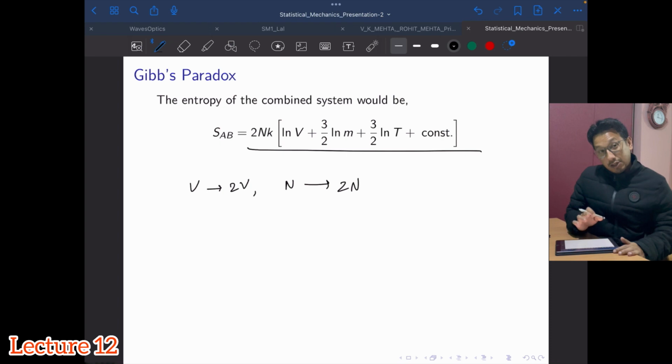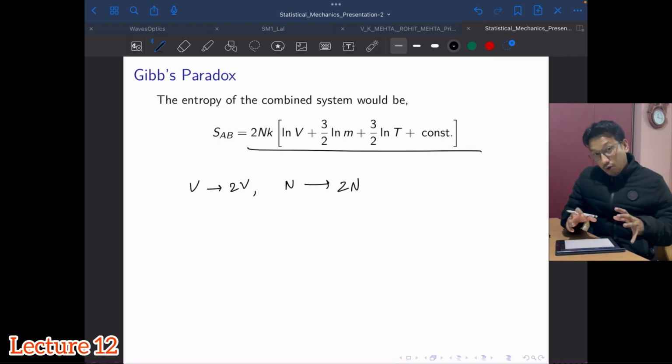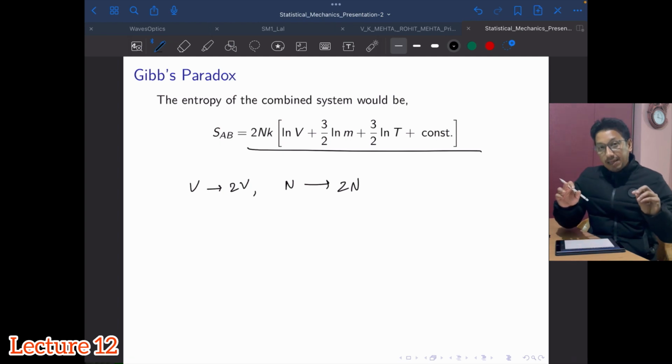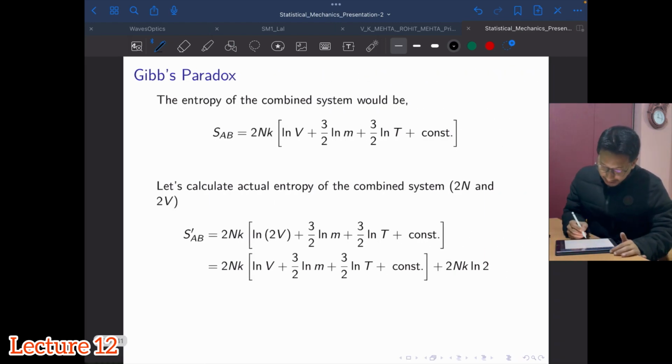So instead of looking at systems A and B and trying to calculate the entropy, let's look at the system as one combined system and calculate its entropy, where I know the number of particles is now 2N and the volume of the system is 2V.